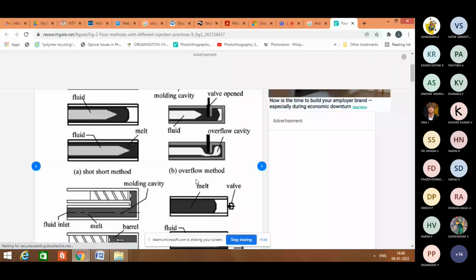And the third one is the overflow method. In the overflow method, the molten material partially fills the cavity.